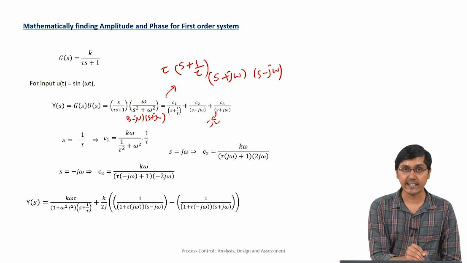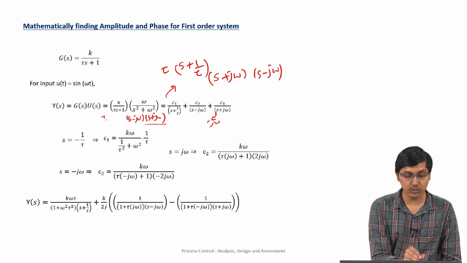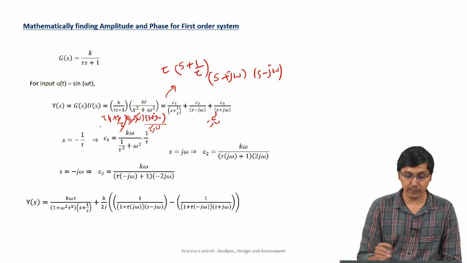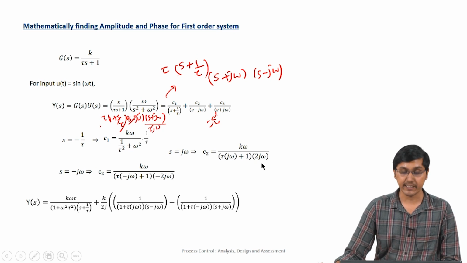So this pole will get cancelled when we do the partial fraction, and whatever remains will be tau into 1 plus s by tau, and this would have got cancelled when we put s equal to j omega. So we get 2j omega here, and tau into 1 plus j omega by tau. So that's what we get here.